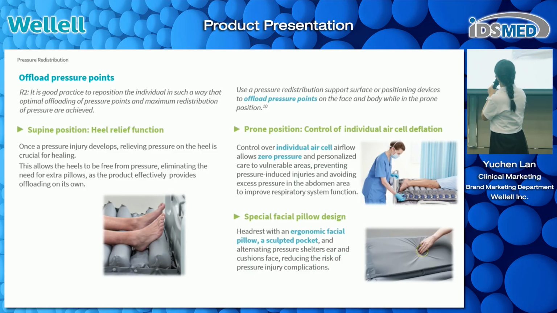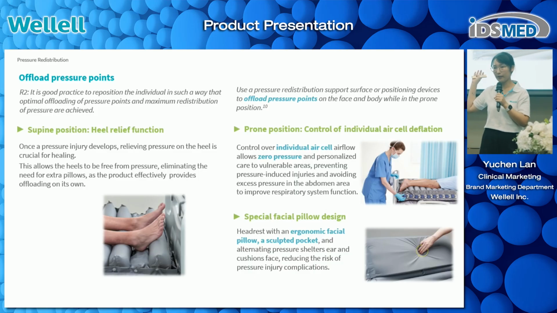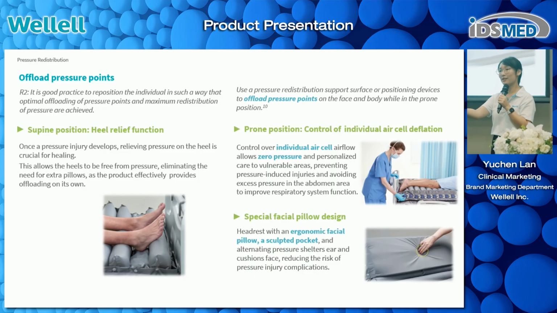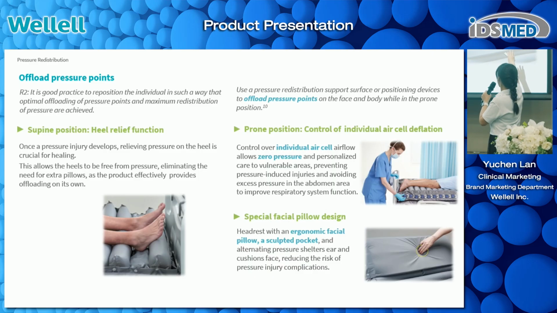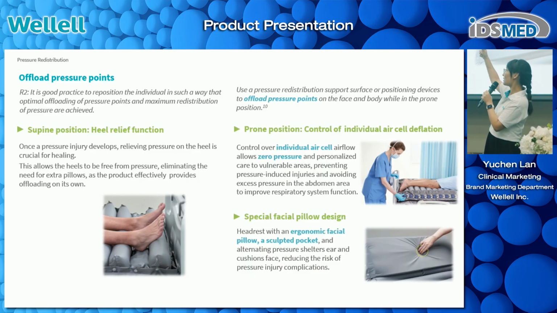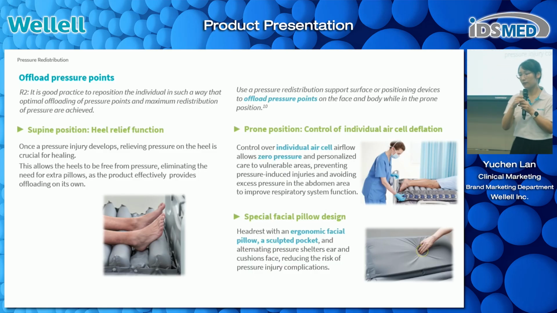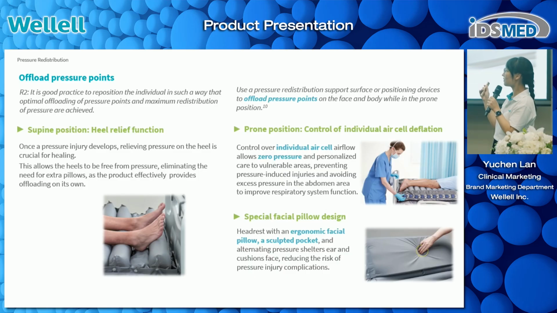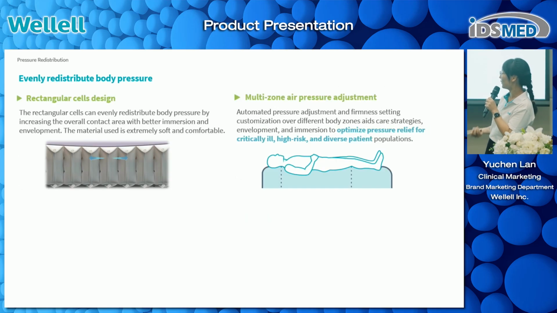Another part is our Optima Prone, that previously Dr. Carjon already demonstrated to everyone, where we have a socket at the face part. That's also a design to offload the pressure point, and also the individual deflation valves. So these are the designs to offload the pressure point.